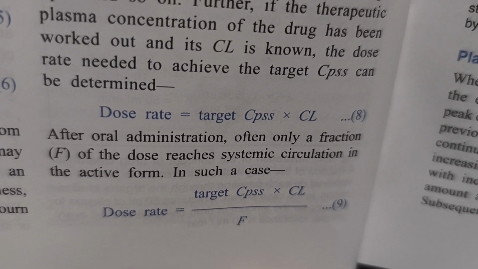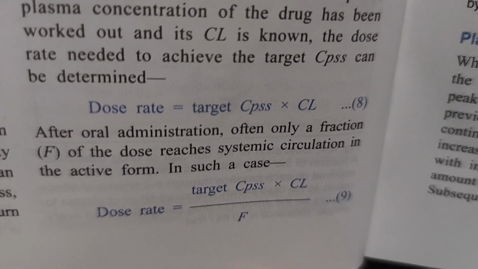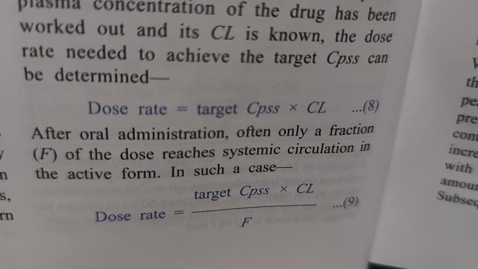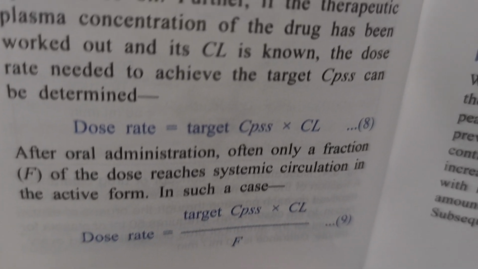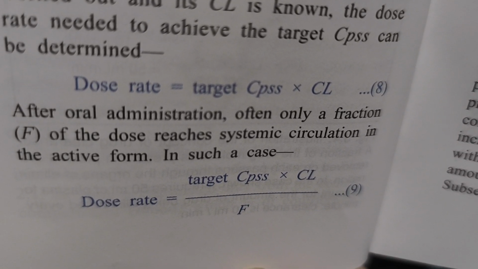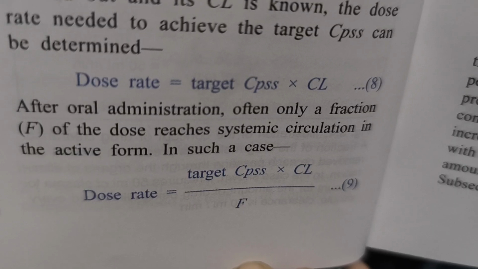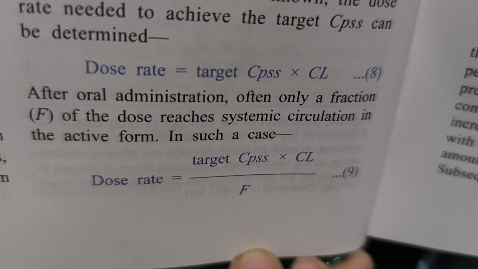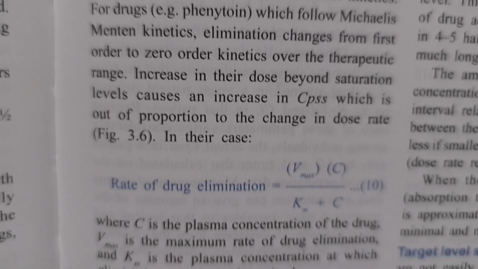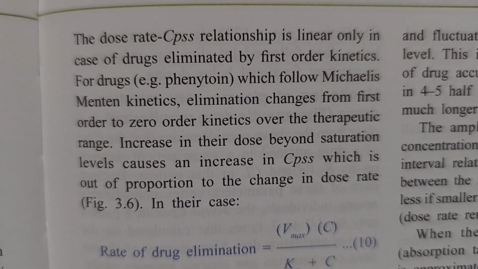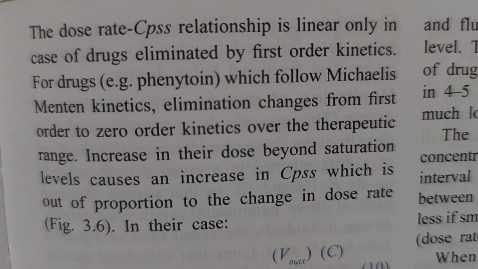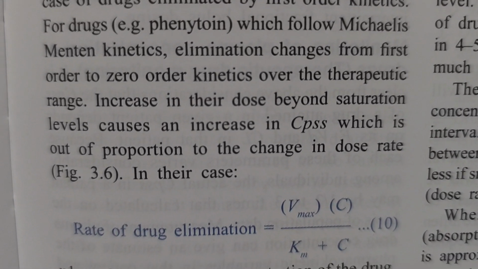After oral administration, often only a fraction F of the dose reaches the systemic circulation in the active form. In such a case, dose rate equals target CPSS times clearance divided by F. The dose rate CPSS relation is linear only in case of drug elimination by first order kinetics.